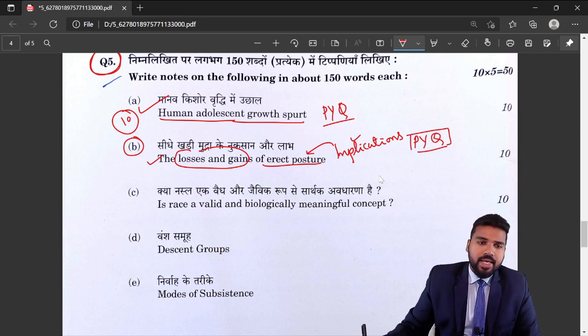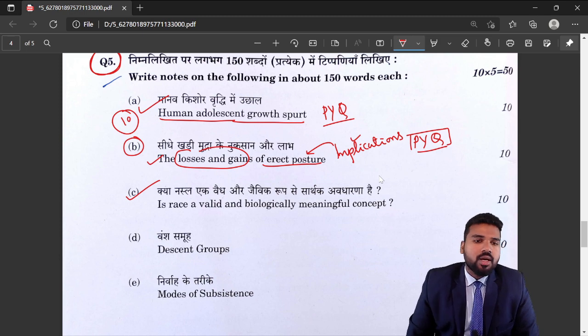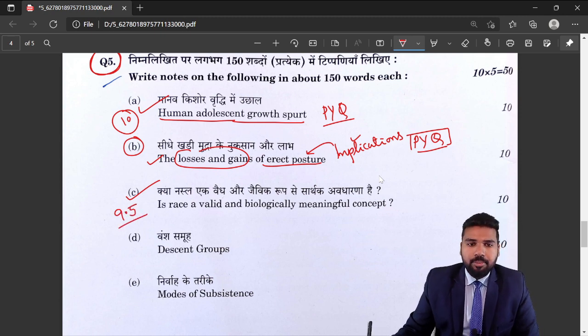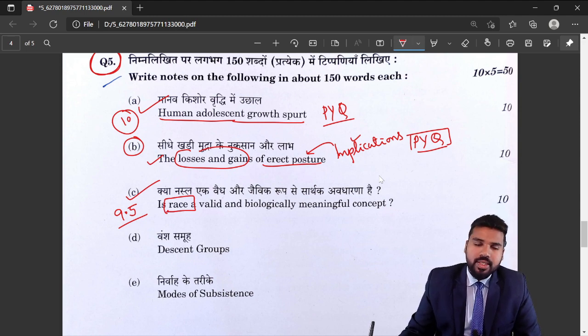Then see part C, is race a valid and biologically meaningful concept? We have discussed race and racism in 9.5 of paper 1. So here, what is the meaning of race and what are the different aspects used to study race, or the racial classifications that we have seen, under which we have seen the debate on race and racism.